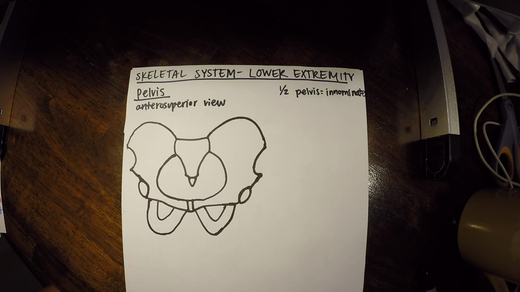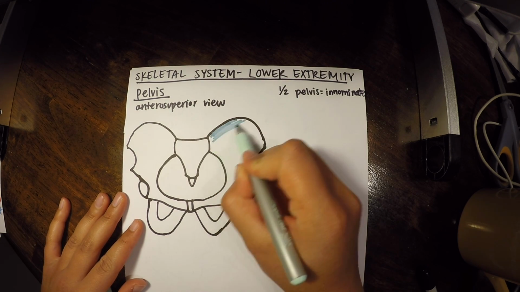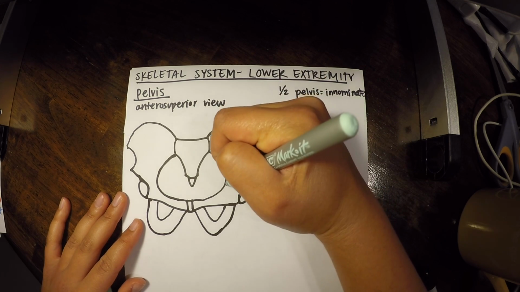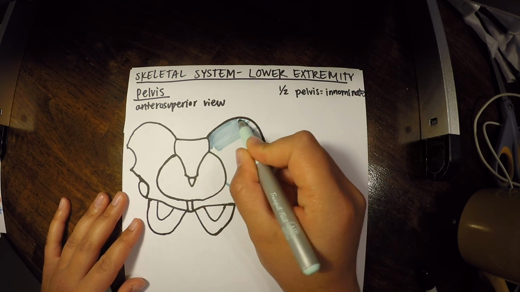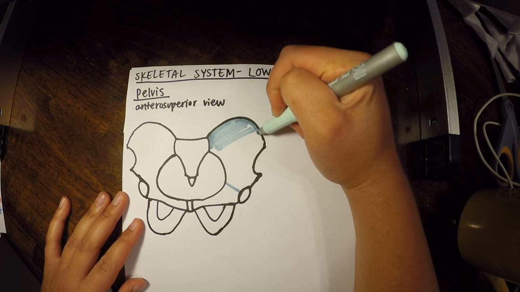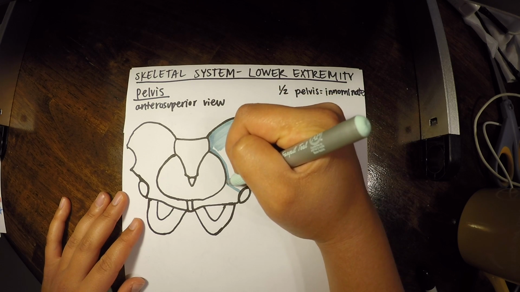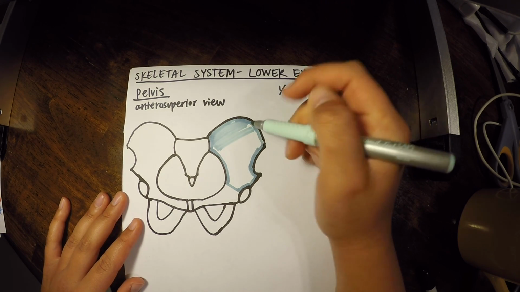So our first piece of it is this whole area right here, and the cutoff point for it is about right there. So this is called our ilium, and it is, like I said, one of the 3 bones of the pelvis.